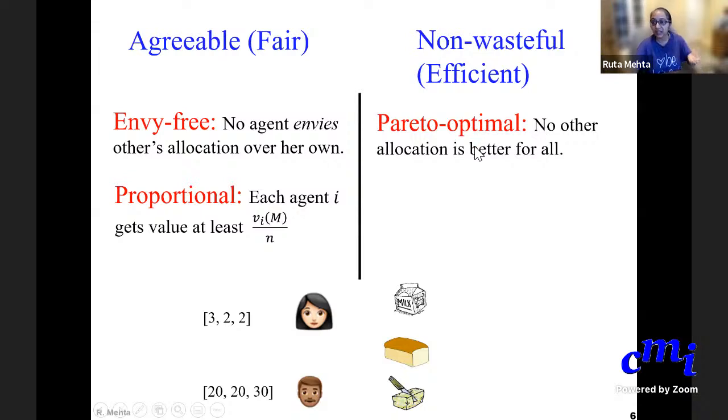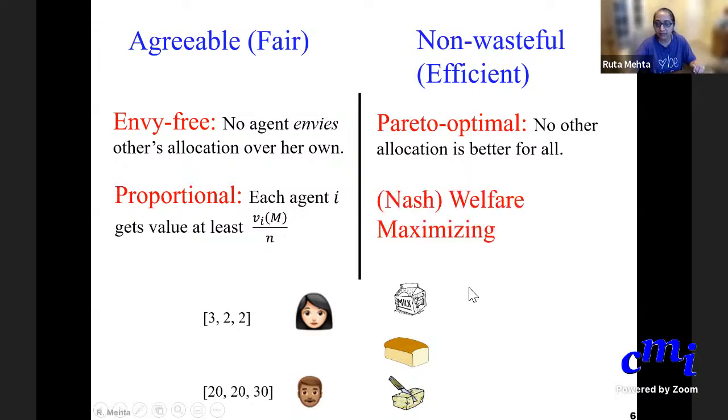So what we want is to ensure all the notions together, and that's the main difficult part. And there is something called welfare maximization. Typically, welfare maximization means that you just maximize the sum of the values that individual agents get. That's called the welfare of the society or the system. But if you try this, you will end up giving everything to Raj, because he is a really positive, enthusiastic person who thinks everything very highly.